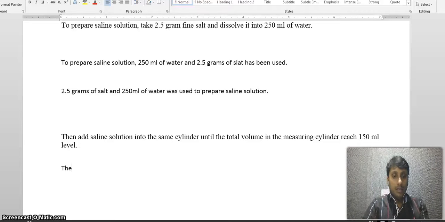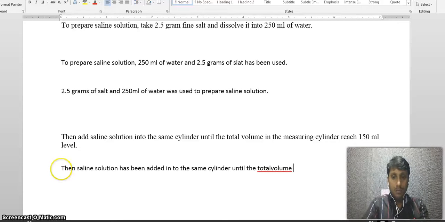So you can write, see, then saline solution has been added into the same cylinder until the total volume in the measuring cylinder reached the 150 ml level.